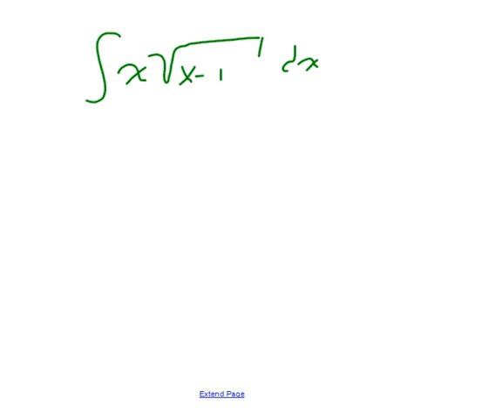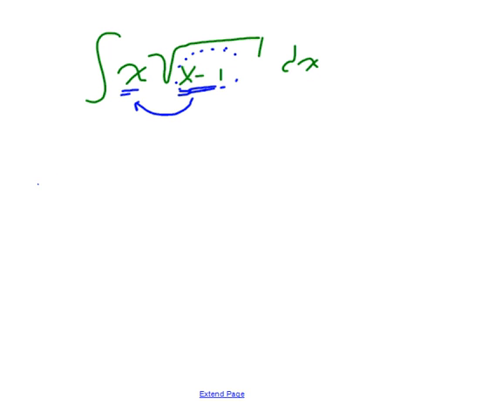One thing that immediately pops out to me after having done these problems a lot is I look at the inside and I want that to be the inner function, and then the outer function, well, this is not the derivative of the inside. So it's going to be a little bit different. But clearly, if we're going to make a substitution, we want to clean up the square root. That's the trickier thing that's going on.